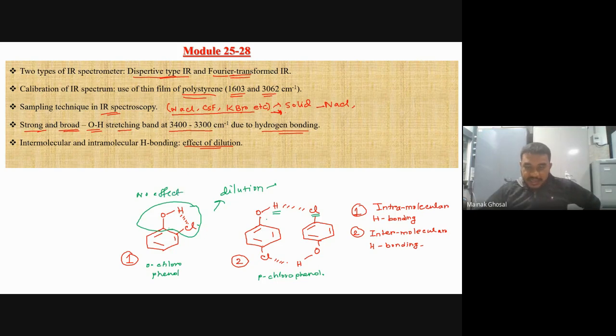But here, if you increase dilution, the molecules will not come close enough to form hydrogen bonding. So we will see the hydrogen bonding will be lost and the O-H stretching frequency will change.